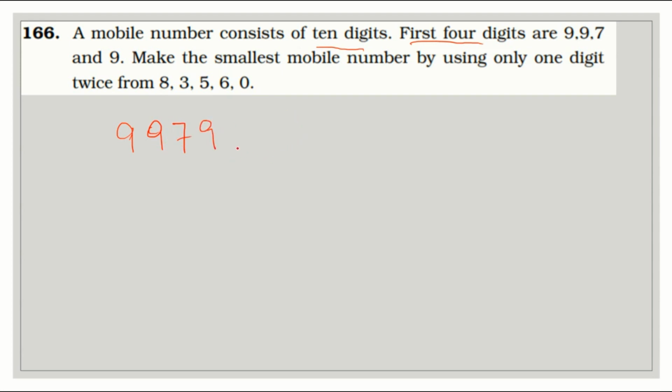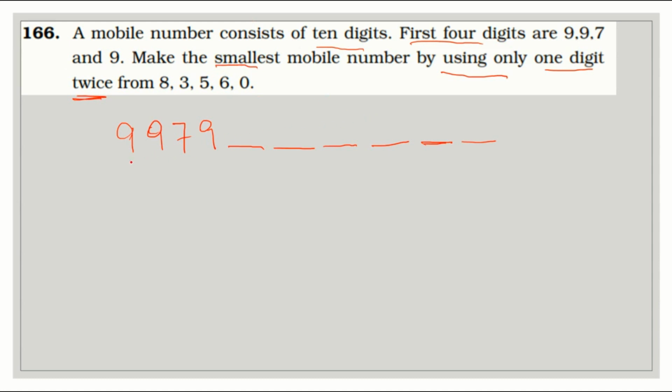Now we need to fill the rest of the 6 digits and make the smallest mobile number by using only one digit twice. So among the given 8, 3, 5, 6, 0, only one out of them is to be used twice, and we have to make the smallest mobile number.